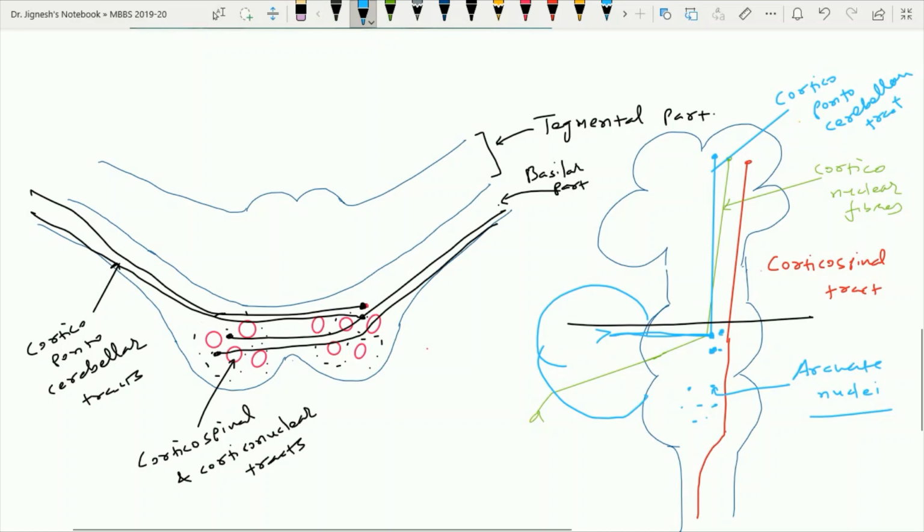When we see this tegmental part, we can see one large trapezoid body, which is nothing but the interconnecting fibers of the cochlear nuclei. Let's orient with this trapezoid body.